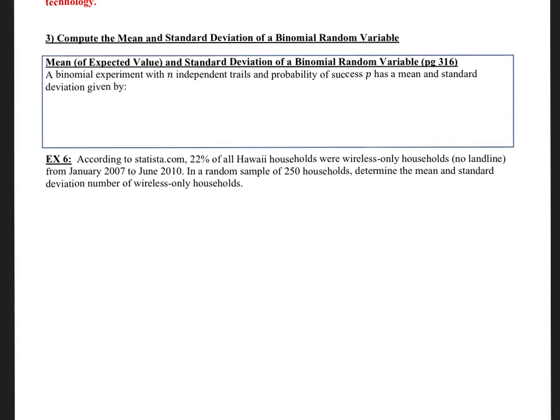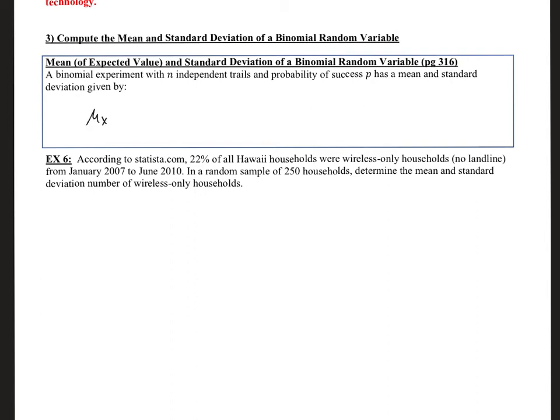So let's look at objective 3. Compute the mean and standard deviation of a binomial random variable. So we have the mean, or once again, we're now calling it the expected value, and standard deviation of a binomial random variable. A binomial experiment with n independent trials and a probability of success p has a mean and standard deviation given by the following.